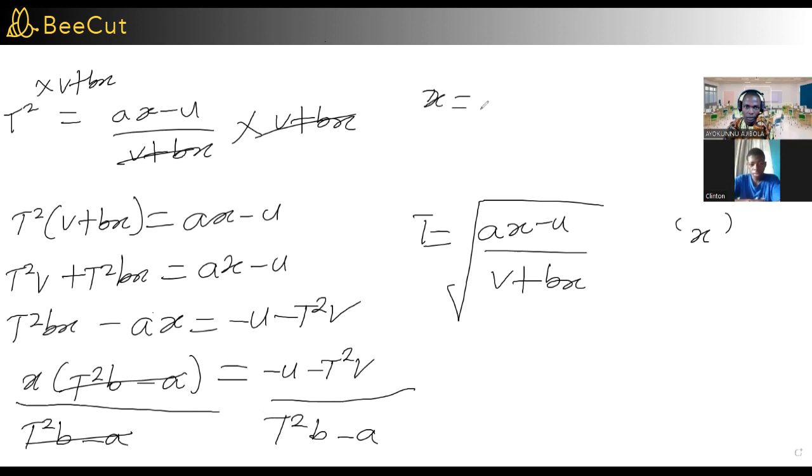x equals, like I said, you can factorize the negative. Then you have minus 1 outside the bracket, and everything inside the bracket will be u plus t squared b. Are you with me? Yes, sir. Then over t squared minus a. So this becomes my answer.